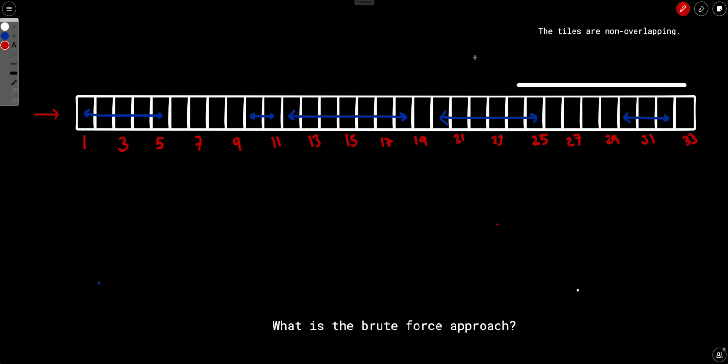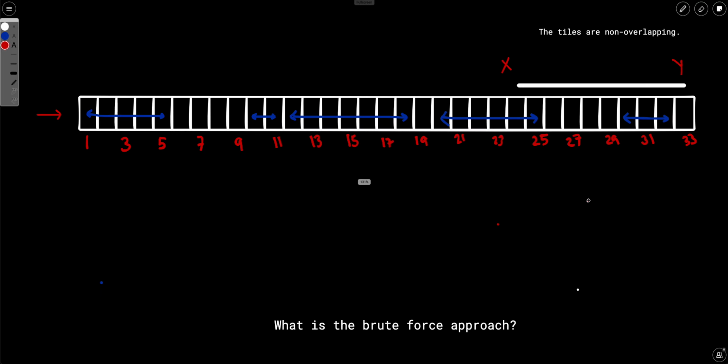Now one question that remains is, let's say your carpet starts at position x and ends somewhere, let's say at position y. What you need to find is how many cells are covered by tiles in this range.